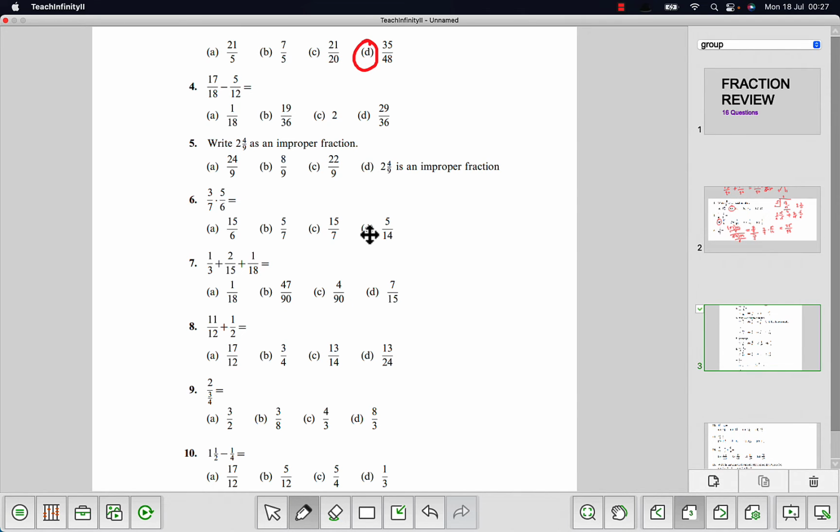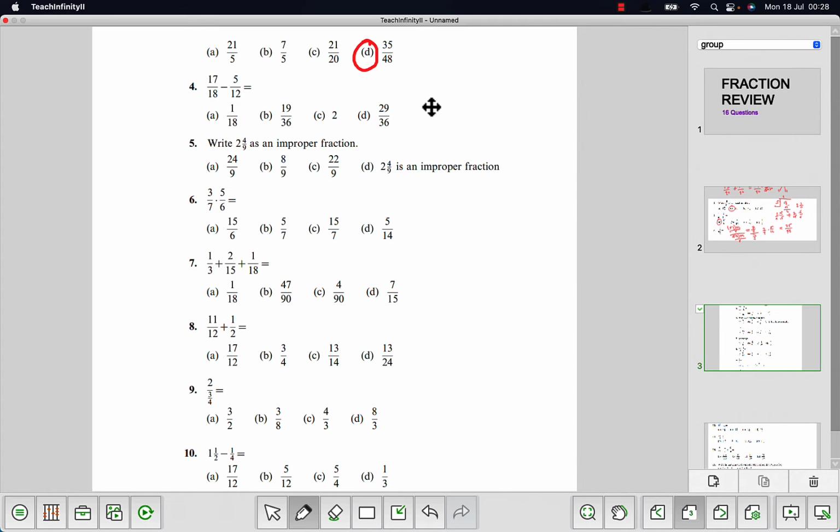Alright, so let's look at this. We have 17 over 18 minus 5 over 12. For this we can convert that into like denominators. Is there a lowest common denominator here? I guess it's 36. So how do we make the denominators 36?